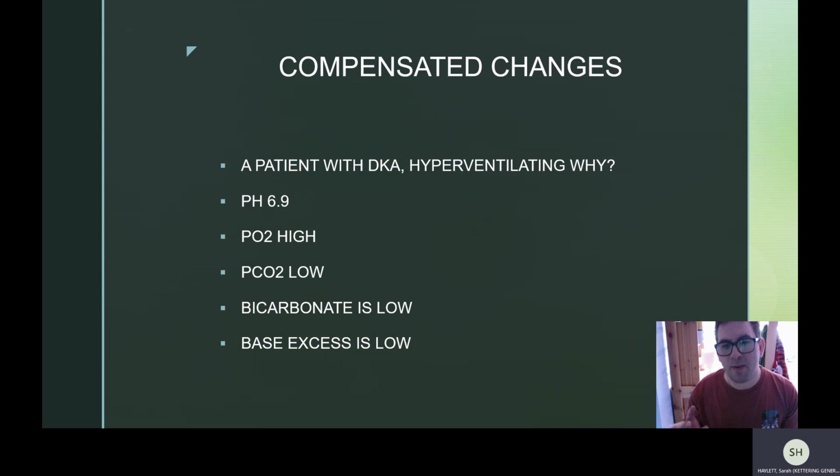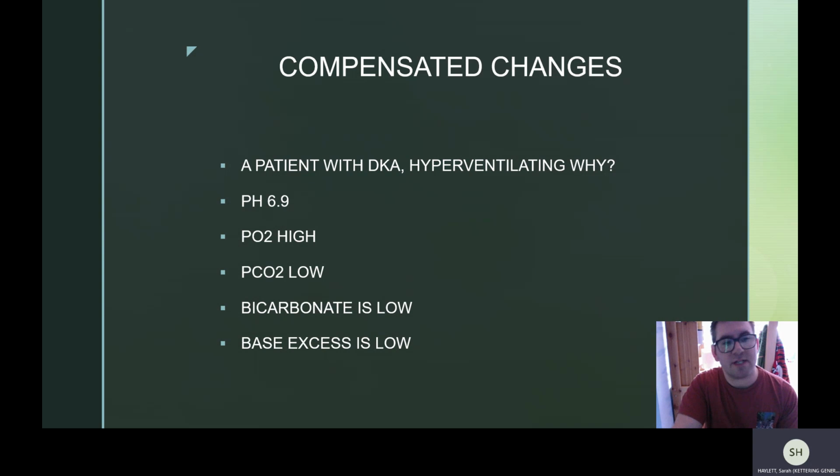They've got a metabolic acidosis. So they're trying to compensate for the acidosis. This is our body's mechanism of trying to improve our pH levels. Otherwise, we just die, basically. We need to do something about it. So our body tells us to breathe fast to try and change that pH.